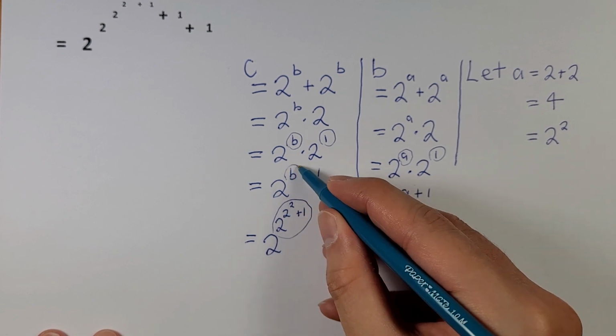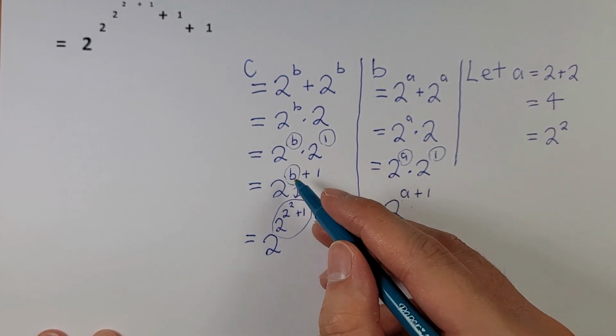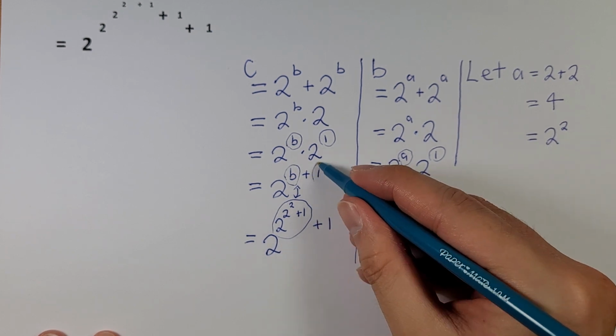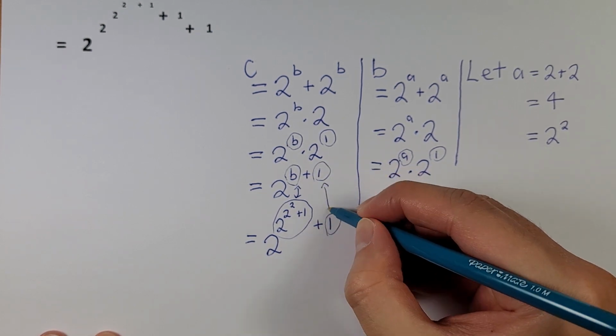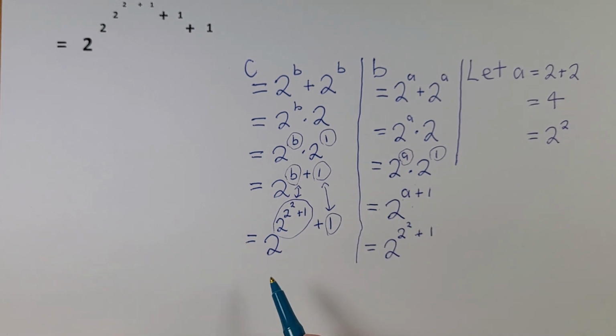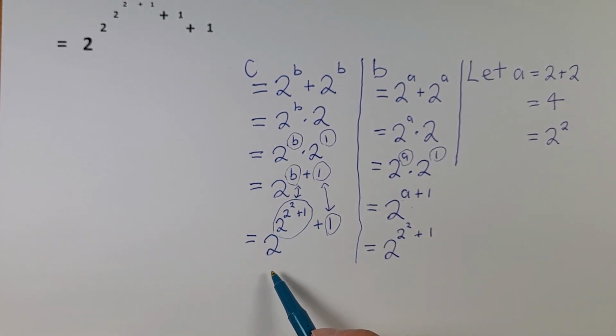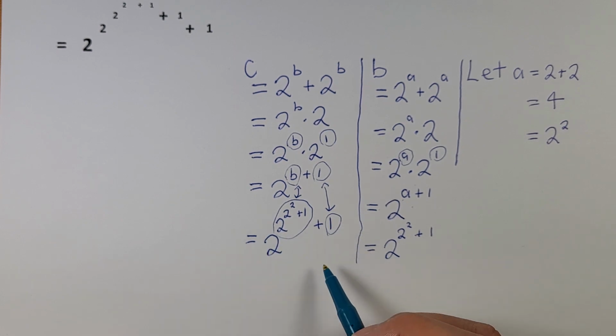Note that these two exponents here are the same, and I just copy the 1 down over here. So c equals this bigger expression. This expression turns out to be around 100,000, maybe 200,000. It's a pretty big number.